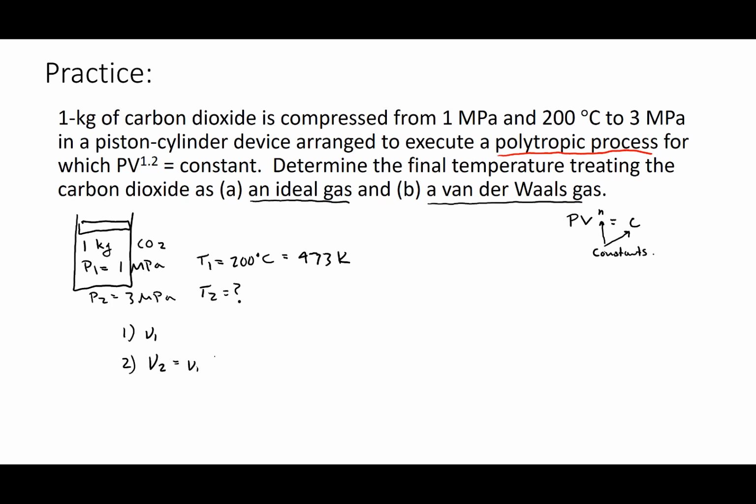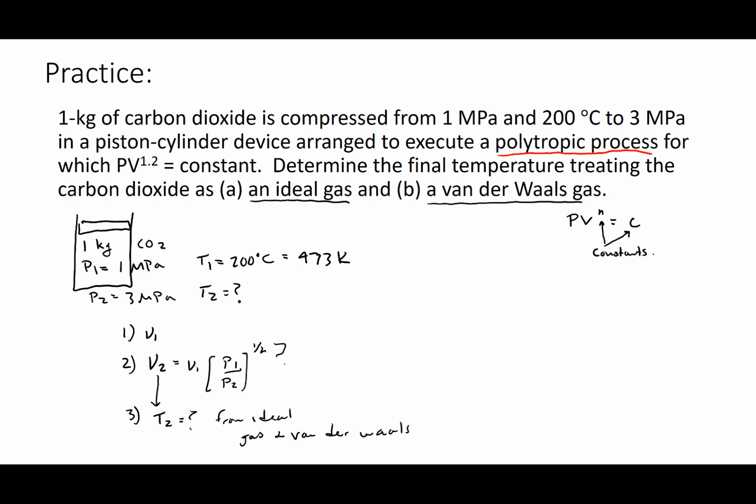So V2 is going to equal V1 times P1 over P2 to the 1 over n. I'm going to show you how I got that in a minute. Then for step 3, we're going to calculate T2 from the ideal gas law using the specific volume we calculated in step 2, and also from van der Waals.